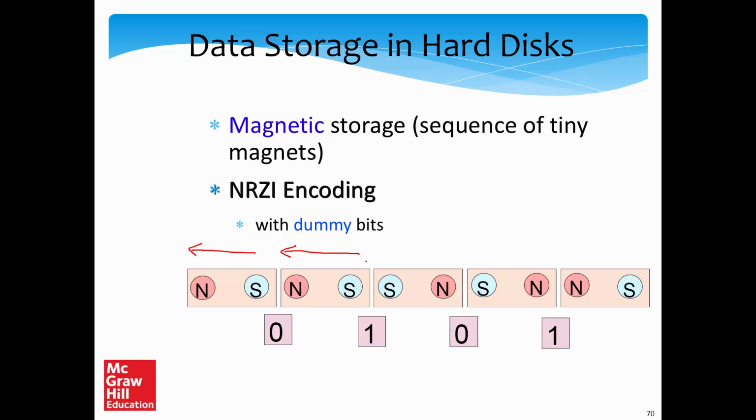But this will be one kind of signal. If you look at this point, the magnetic field here is reversing. Here we have one magnet which is north south and another one south north. So the magnetic field at the junction of these two small magnets is reversing.